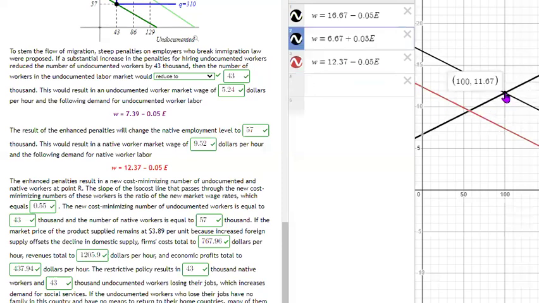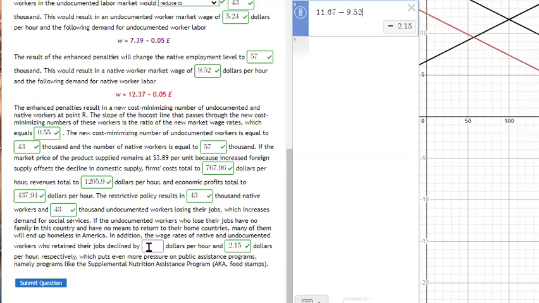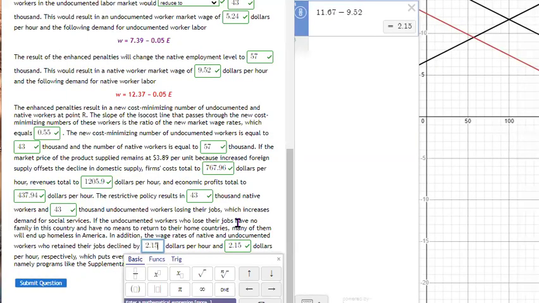The native-born worker wage was $11.67. The new native-born worker wage is $9.52. So the wage rate of the native-born workers and the wage rate of the undocumented workers, in my model, both fell by $2.15 each. The workers who are lucky enough to keep their jobs as a result of the crackdown on undocumented workers both saw massive pay cuts.